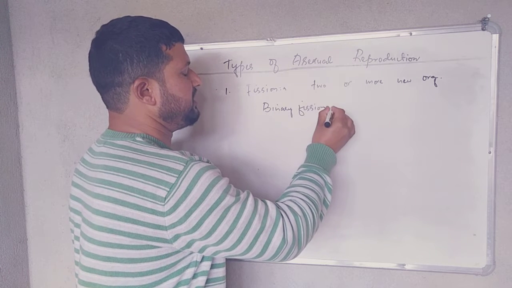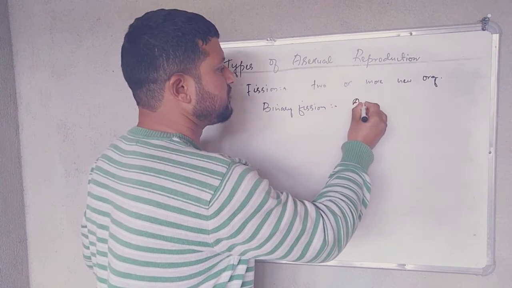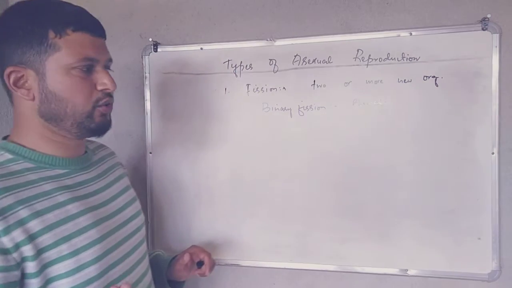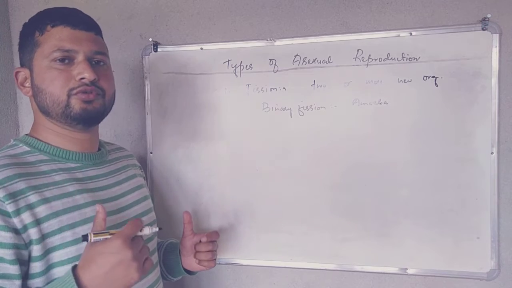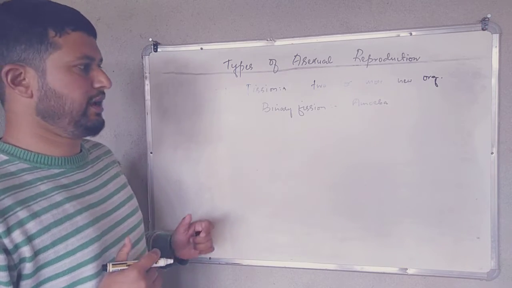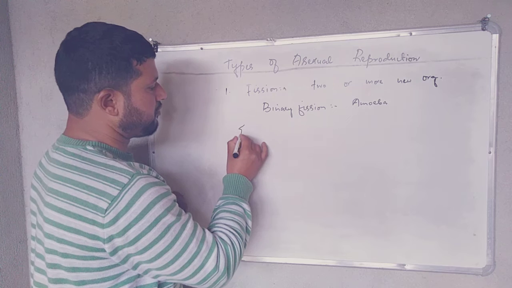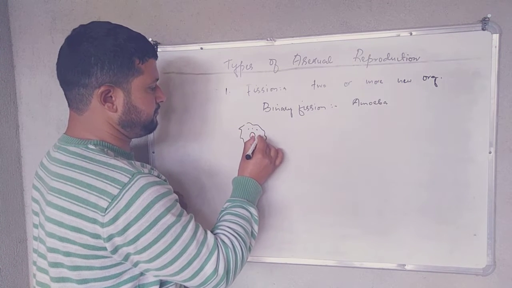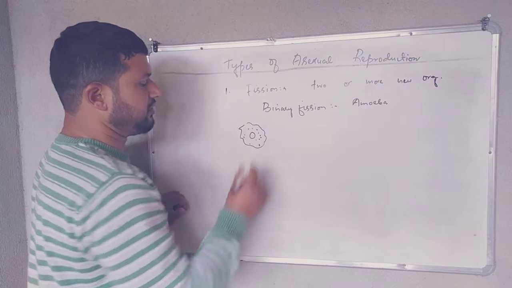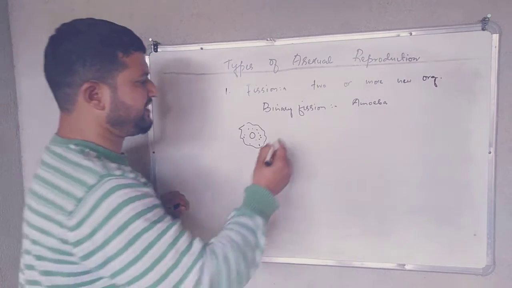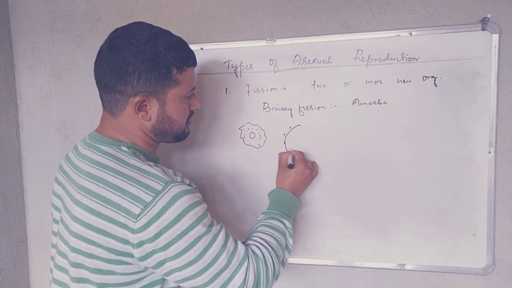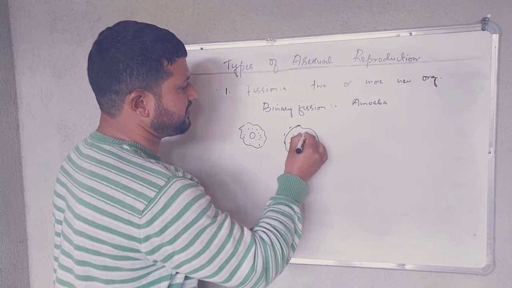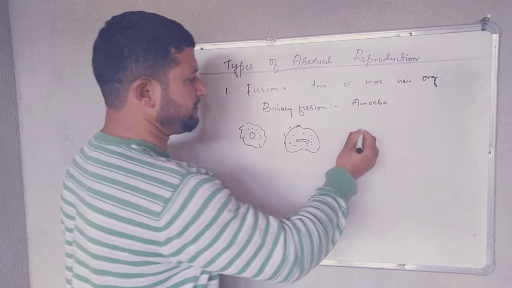For example, in case of amoeba, the body of the amoeba splits into two, giving rise to two new amoeba. Actually, when the amoeba matures, the nucleus lengthens and splits into two nuclei.